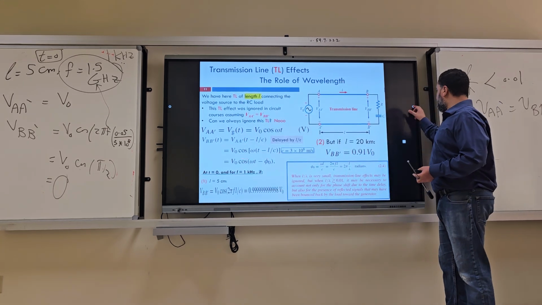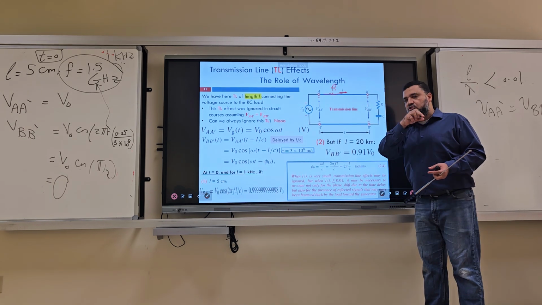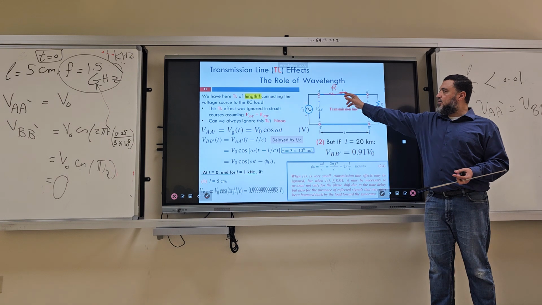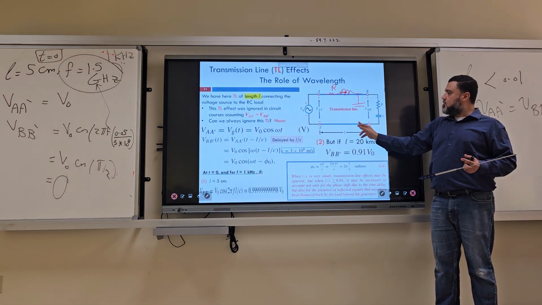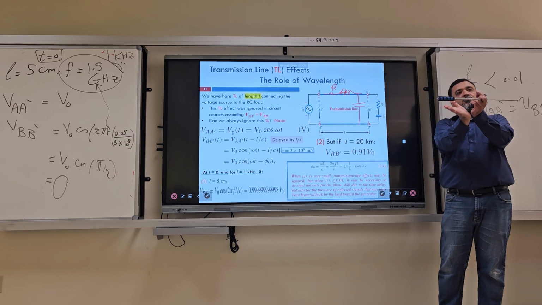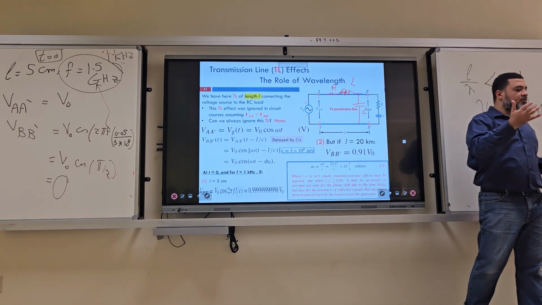So as we said, we need to understand what is going on here. We said we have R because any piece of wire has some resistance. We have inductance because we have magnetic field. We have capacitance because there is electric field here, two conductors, air gap. What else do we have? We have RLC. What else do we have?